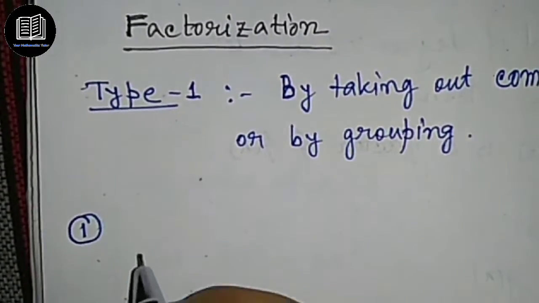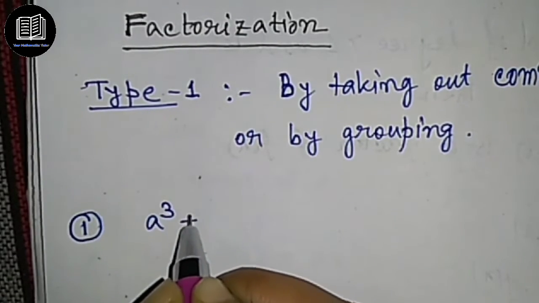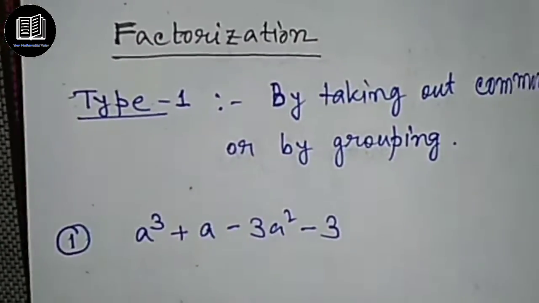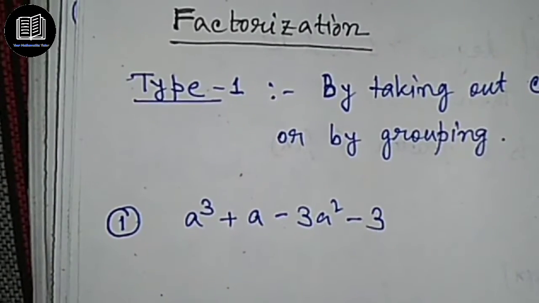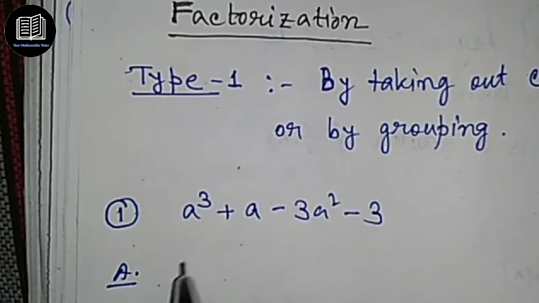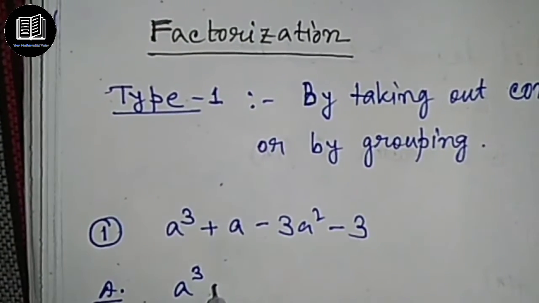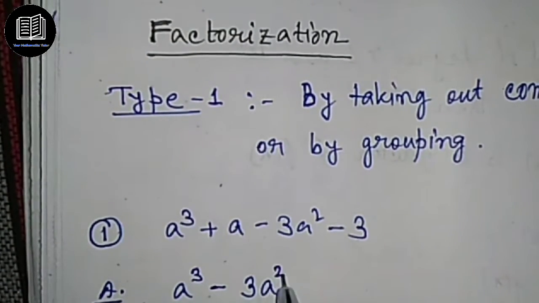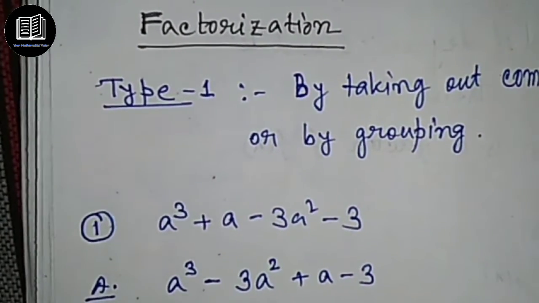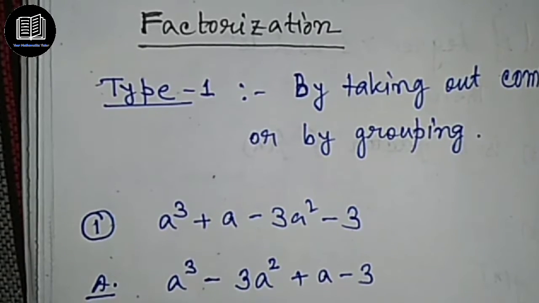Take an example. a cube plus a minus 3a square minus 3. We grouped a cube minus 3a square together and a minus 3 together. Now take the common part out, that is a square.